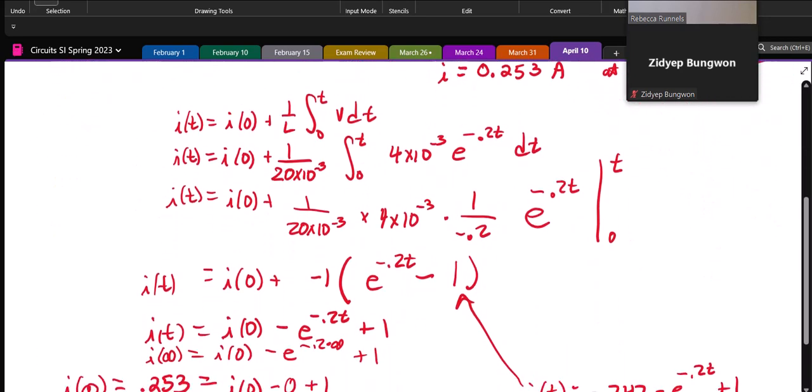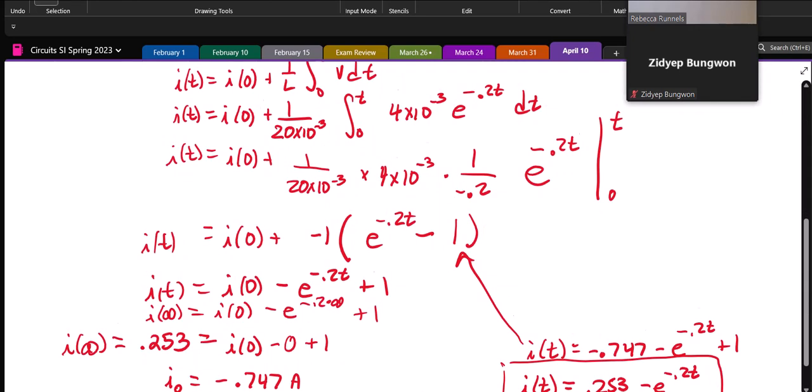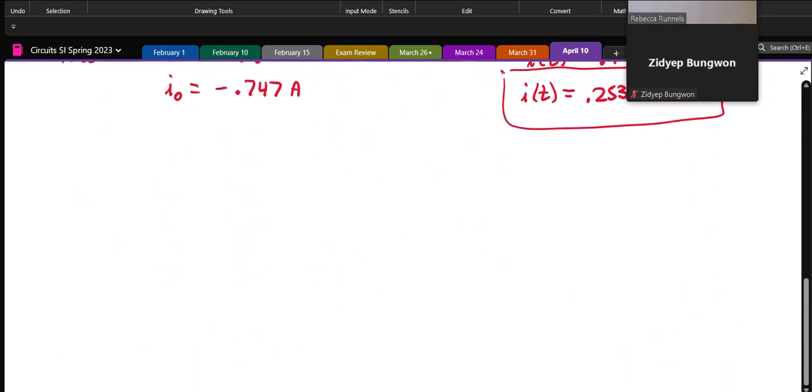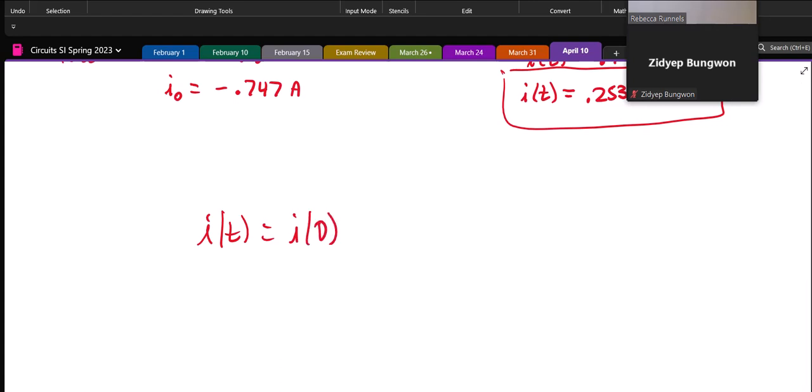What I did with that is I waited until I got to this part where I solved for i of t, but it still had i of 0 in it. I had i of t equals i of 0 minus e to the minus 0.2t plus 1. So this gets me the current at any time t.